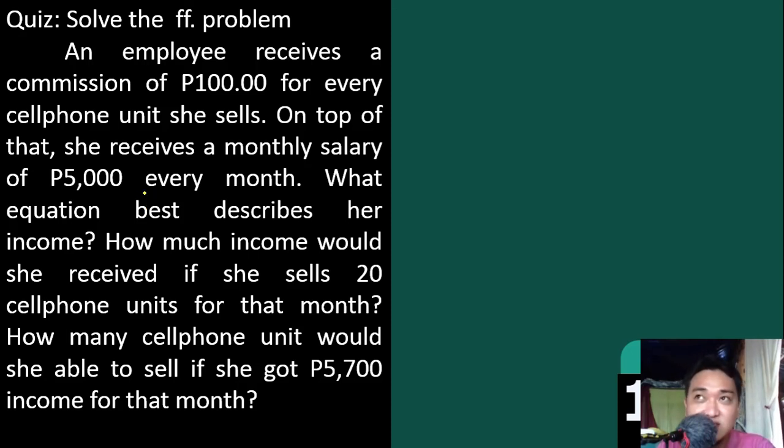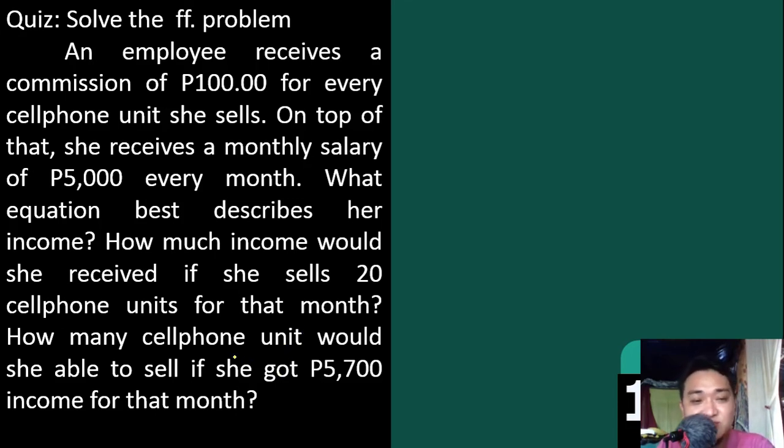Sa ipagpalagay natin na nagbabantay siya ng cellphones, na tindera siya ng cellphone. What equation best describes her income? That is question number 1. And how much income will she receive if she sells 20 cell phone units for that month? The second question is, magkano yung income niya kung nakabenta siya ng 20 cellphones para sa buwan na yan?